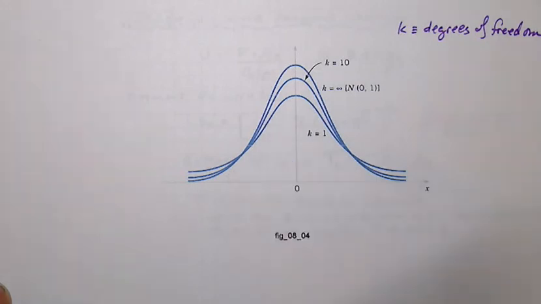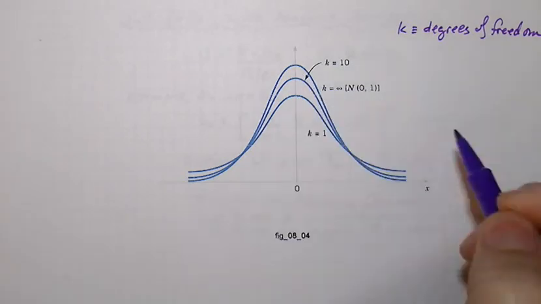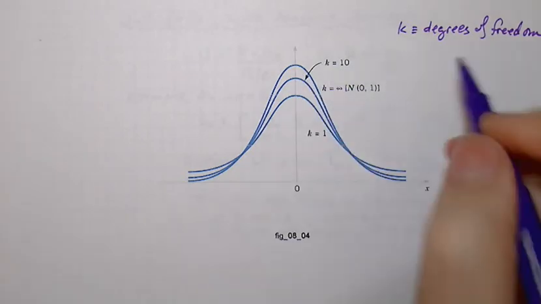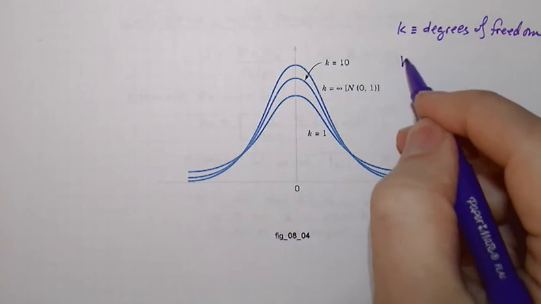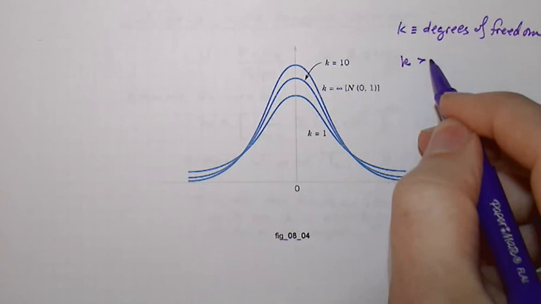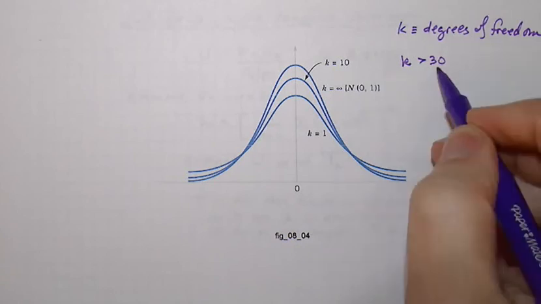And so there is that kind of question of, well, how large does k have to be before we get to something pretty close to the normal? Certainly k greater than 30 in some views is going to be close enough. Some people will say 40.